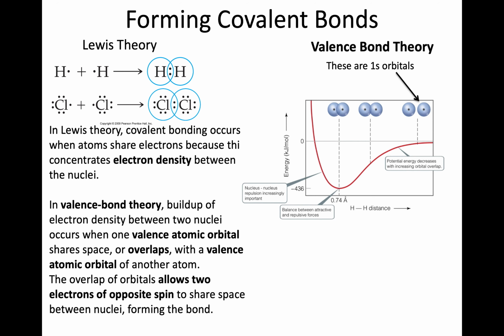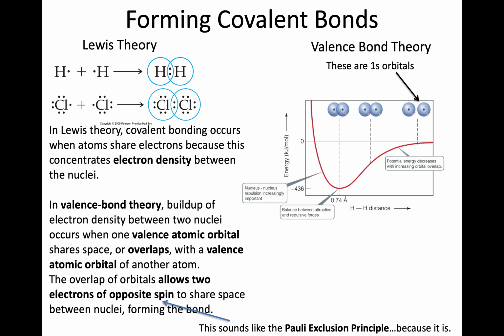Within valence bond theory, we'll be doing something similar. In valence bond theory, we'll be considering the buildup of electron density between the two nuclei when we consider how valence atomic orbitals share space or overlap with another valence atomic orbital. The overlap of the orbitals will allow two electrons of opposite spin to share that region of space between the two nuclei, forming a bond.